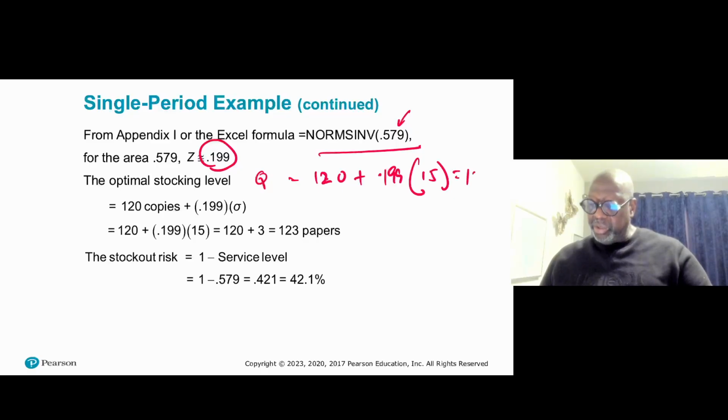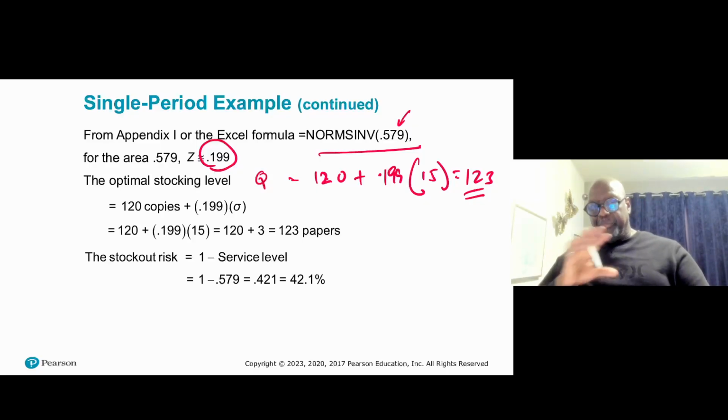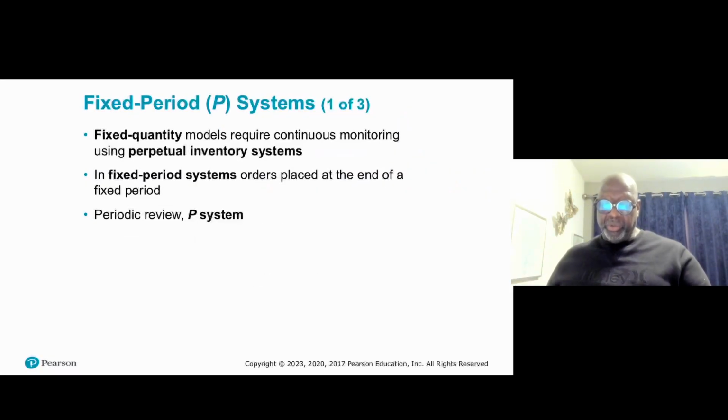And that gives us the 123 papers. All right. So it's just an application of that formula that I mentioned to you above. Cool. So this whole idea is balancing the risk of a stockout with the risk of actually having excess.